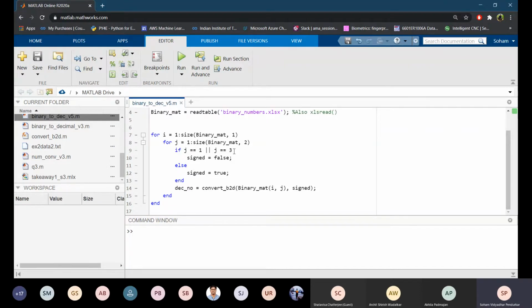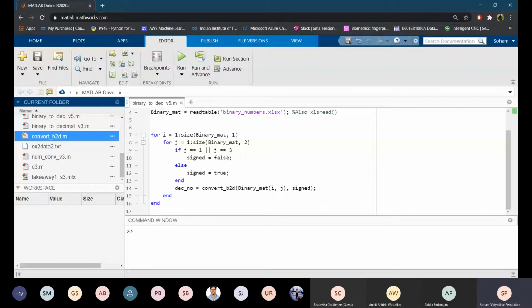The variable signed takes its value false and true based on j, and goes inside this block and calls the function to convert binary to decimal, and here we get the result.